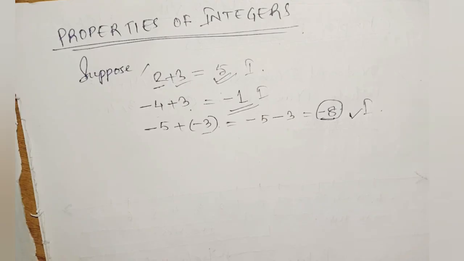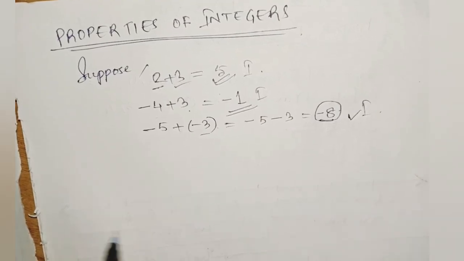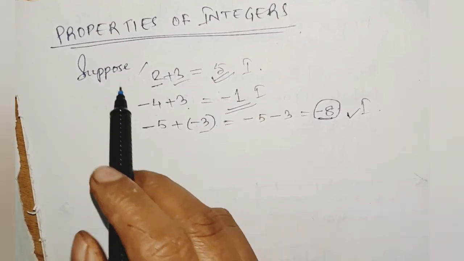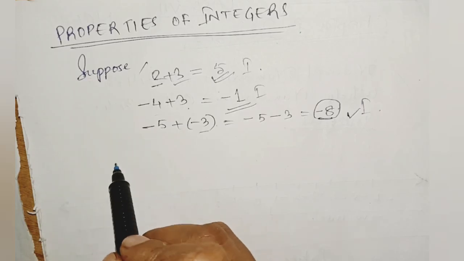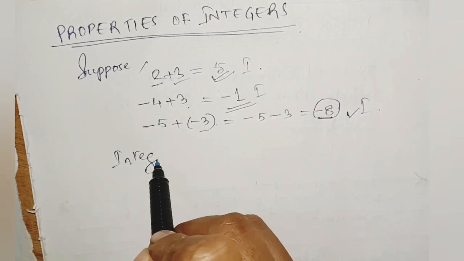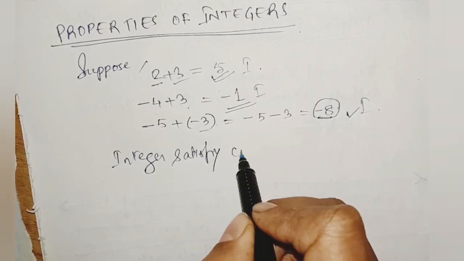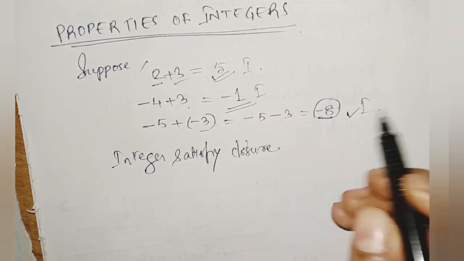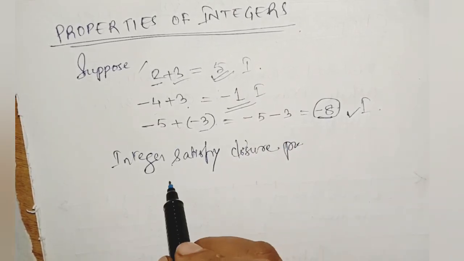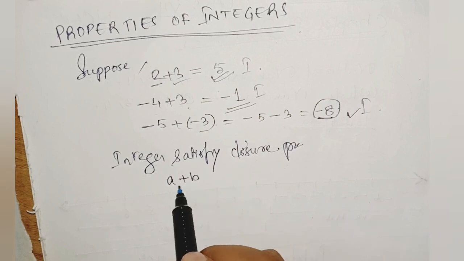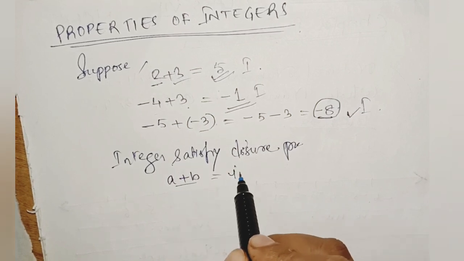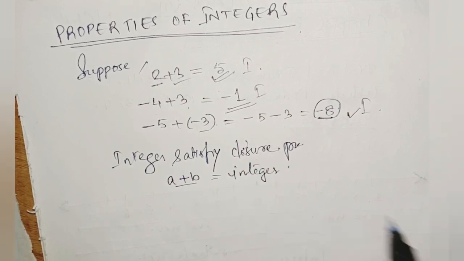It doesn't change. Then we can say easily that integers satisfy the closure property, that is, for any integers a and b, if we add them, we get an integer.